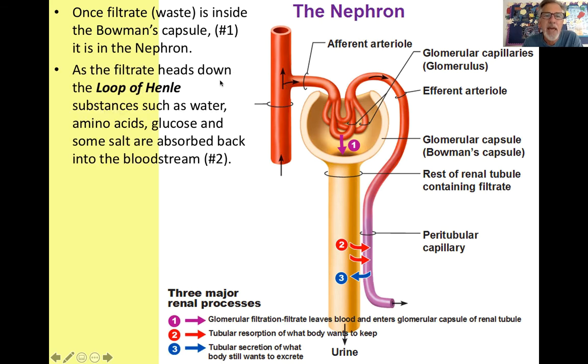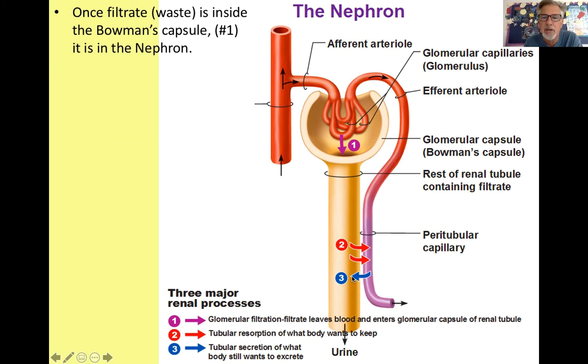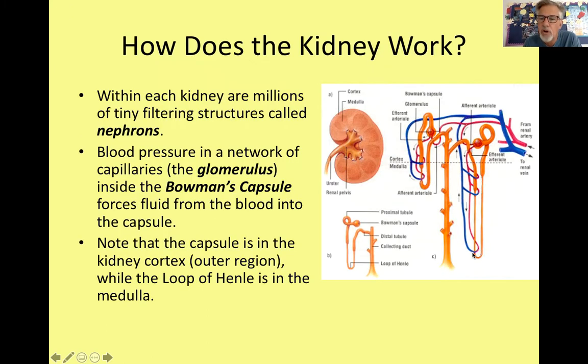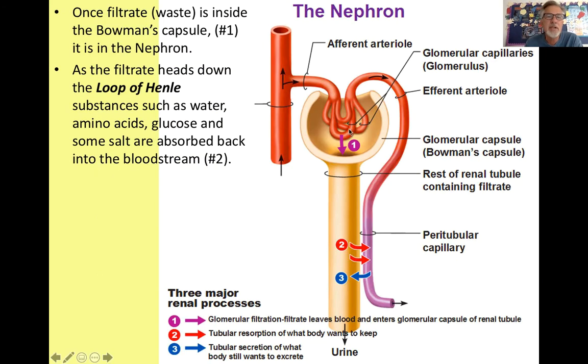As the filtrate heads down the loop of Henle, and let's go back and look at that. Here it is. This long loop here is called the loop of Henle. So once it is inside the loop of Henle, substances such as water, amino acids, glucose, and some salts are absorbed back into the bloodstream. You can see that's happening here in number 2. That's called tubular resorption of what the body wants to keep.